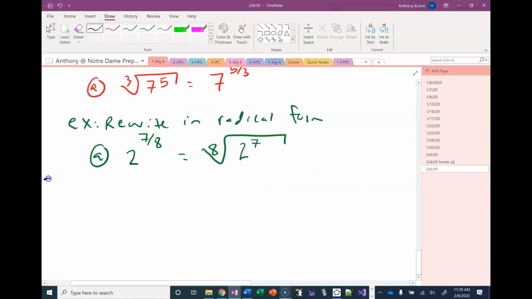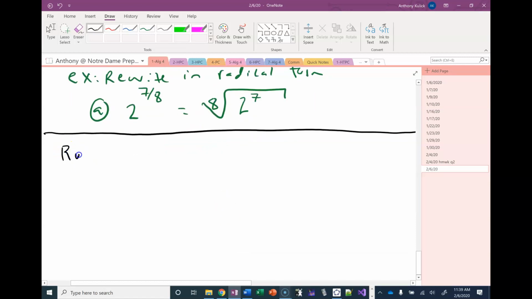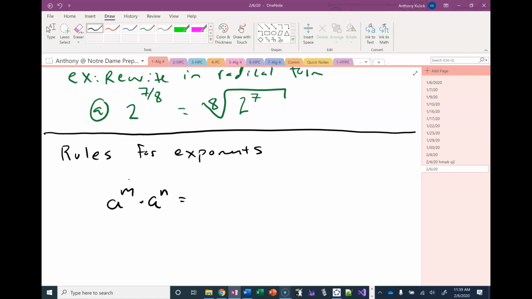Okay. So why is this helpful? Because we have a whole boatload of rules that we can use for exponents. So if I multiply two exponents together, like a to the m times a to the n, what does that result in?